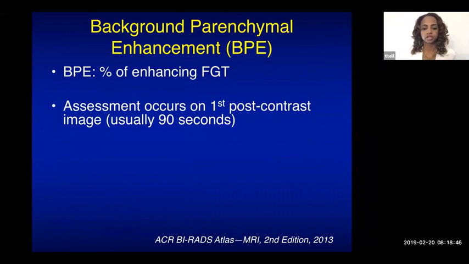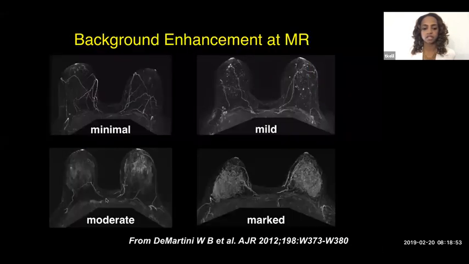Assessment usually occurs on the first post-contrast image, usually obtained around 90 seconds after contrast injection, and the levels can be minimal. Here's the breast showing minimal background enhancement, meaning there's barely any. Here's what a mild BPE would look like. Moderate, and then marked, basically there's a significant amount of background parenchymal enhancement.